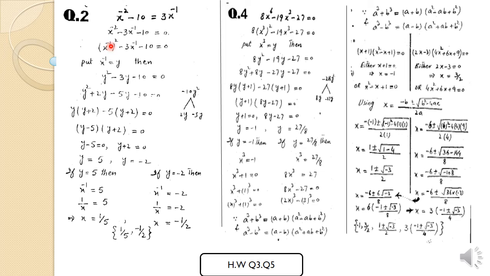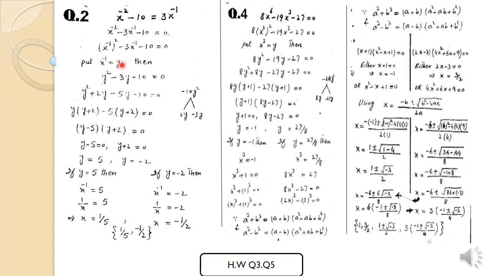In the next step we take (x^-1) whole squared, minus 3x^-1, and minus 10 equals 0. Students, because here we know 3 into x^-1, that's why we take x^-1 whole squared, taking 2 as common power outside the bracket.